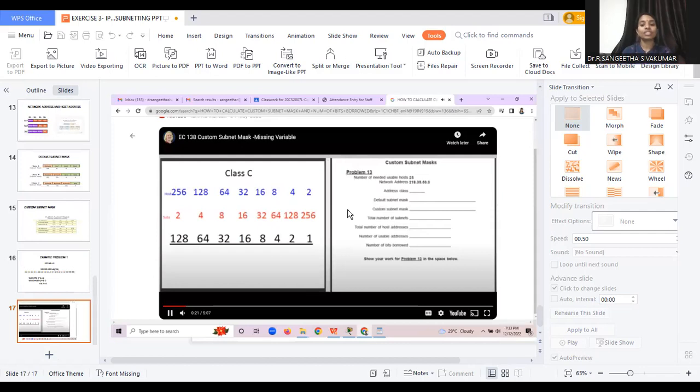Here we have an IP address which belongs to class C.